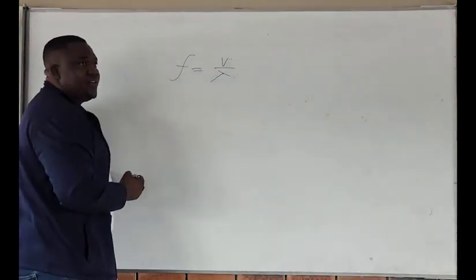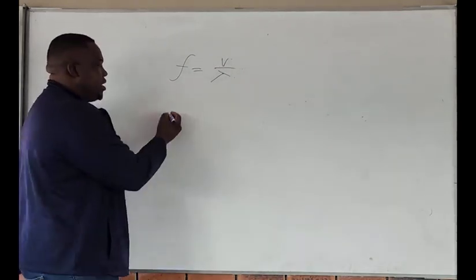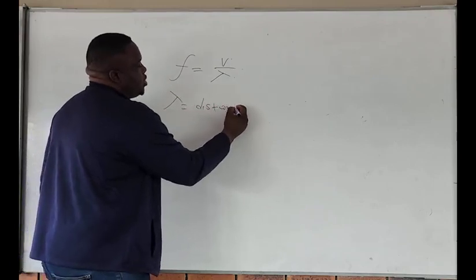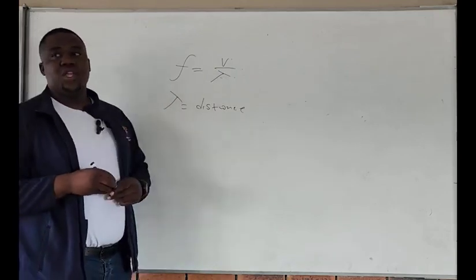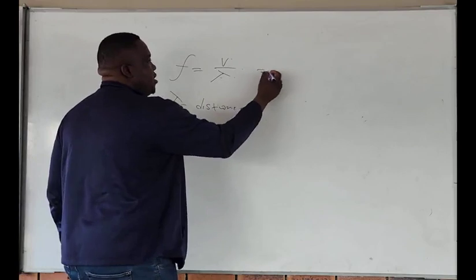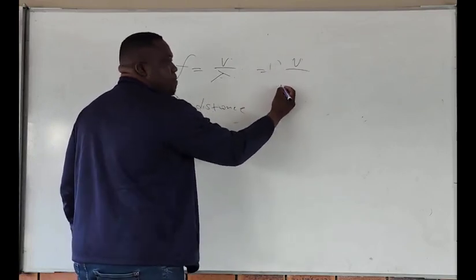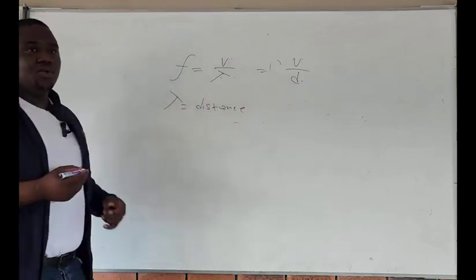When we talk about the wavelength, we are talking about the distance. We can even substitute that wavelength with distance travelled. I can say frequency is equal to the speed over d, for distance, for wavelength.